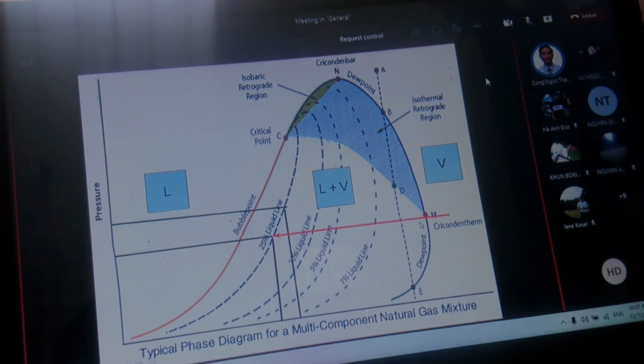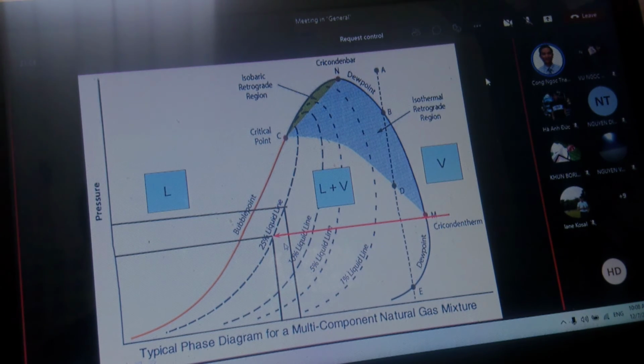So there we concentrate on the changing of temperature. When the temperature changes, for example we keep the pressure constant and decrease the temperature, some part of the vapor condenses: 1%, 5%, 10%, 25%, and so on.